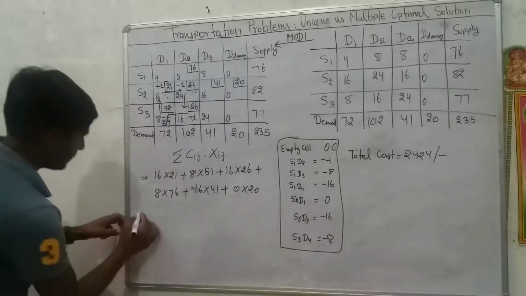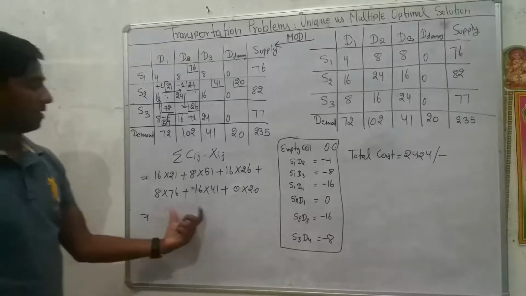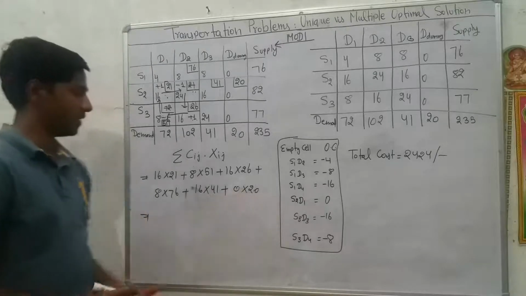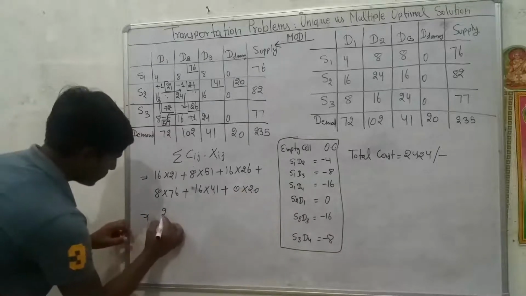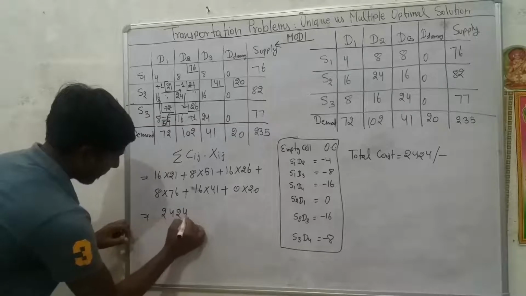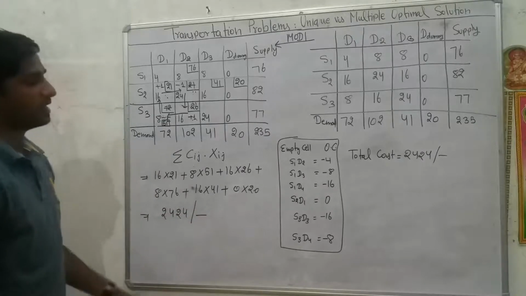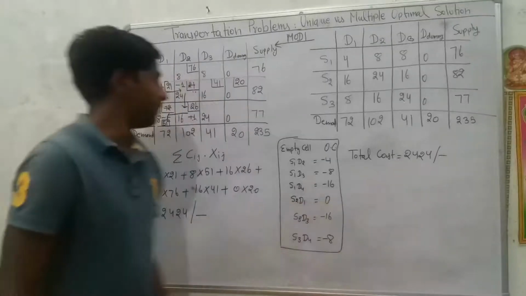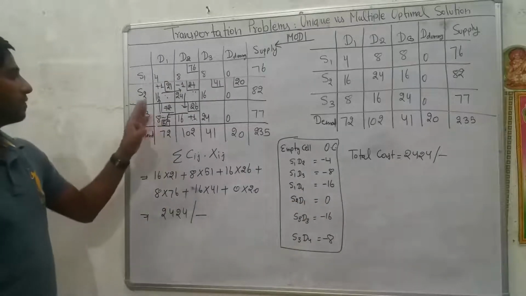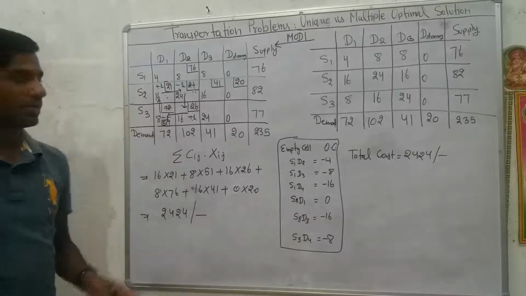So if we calculate the total cost of this combination, then it would be equal to 2424. It means we are getting the same result with a different combination of supply and demand, or a different combination of the cells.